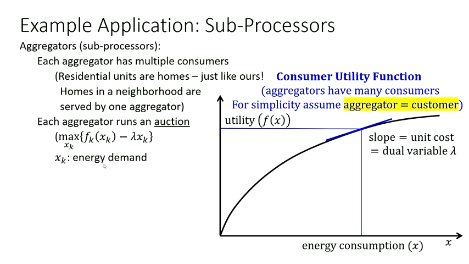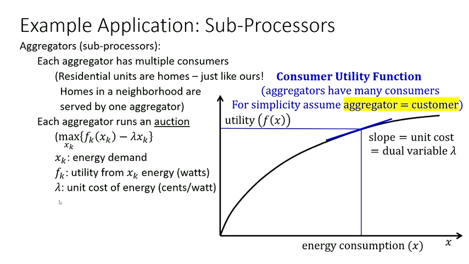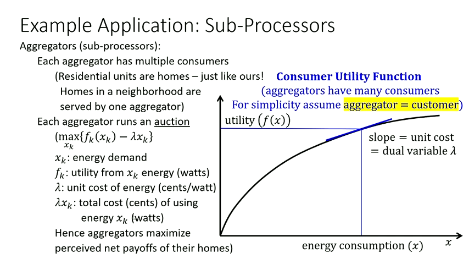Xk is the energy consumed, Fk is the utility from the energy, and lambda is the unit cost of the energy. Lambda xk is how much total cost in dollars this kth aggregator has to pay. Why do they try to maximize this instead of just Fk of xk? Because that's the net payoff.